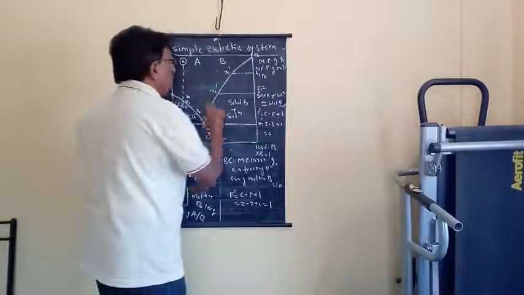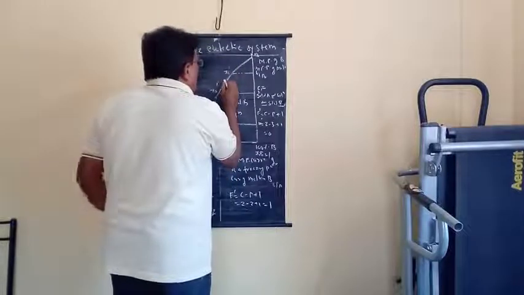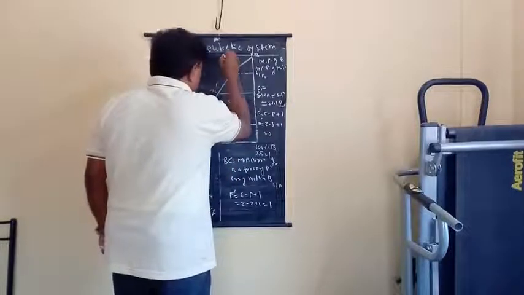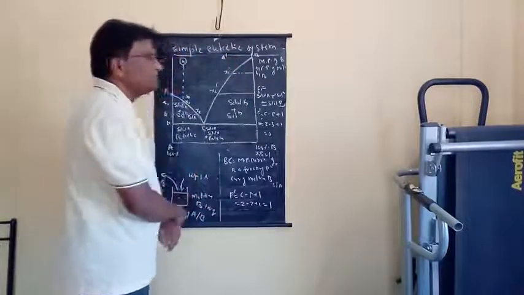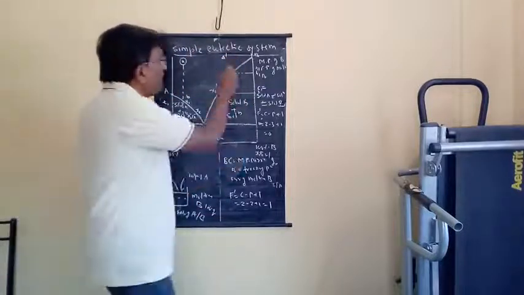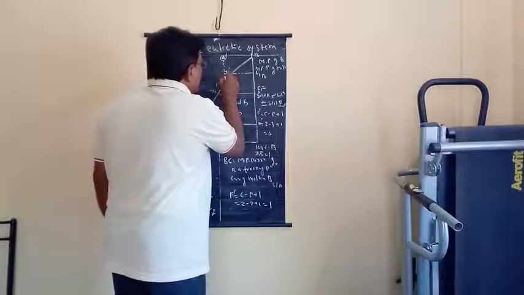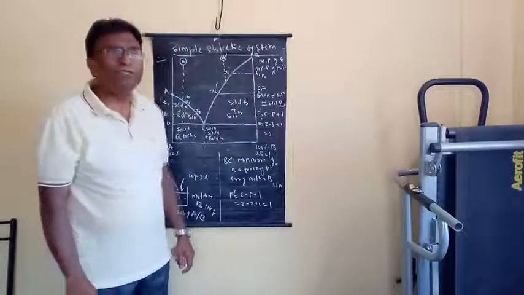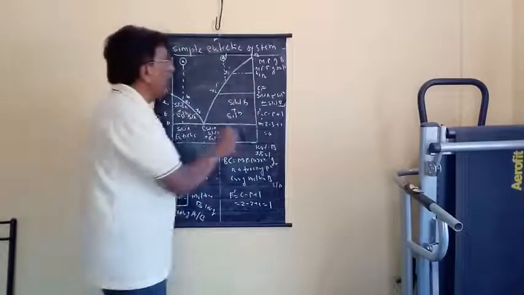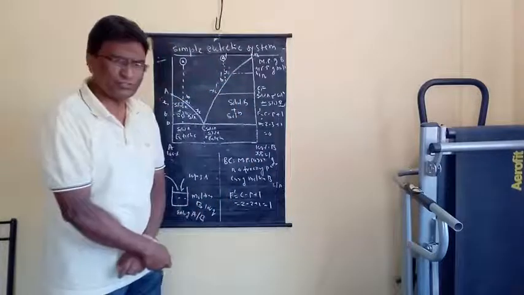Now if you consider any composition above this curve BC, that is A dash, if we cool that composition, what will happen? Temperature will decrease without change in composition until point B dash on this BC curve is reached.